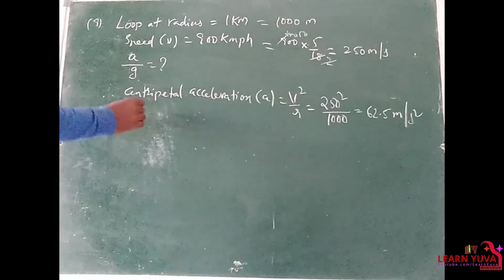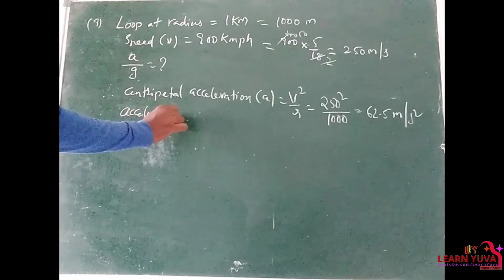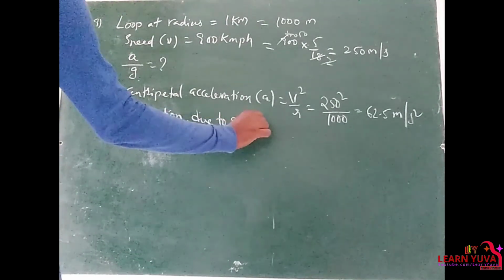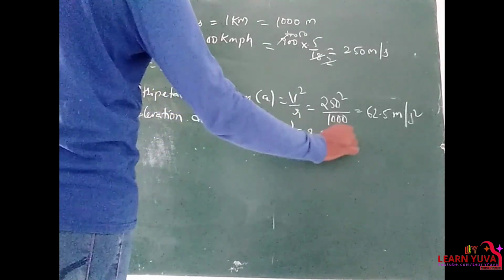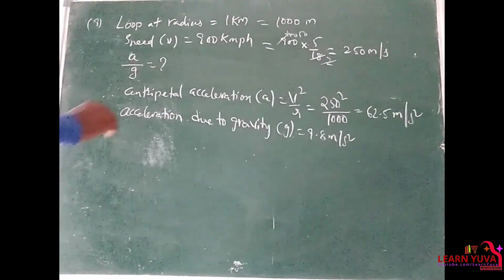Then acceleration due to gravity, g is equal to 9.8 meters per second square. So we need a by g.